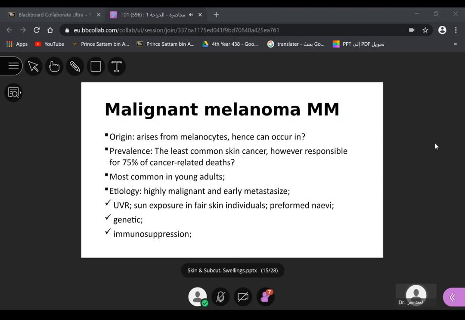Regarding basal cell carcinoma, it occurs more in the triangle of the face, above the line, and squamous cell carcinoma occurs other than the triangle, in sun exposed areas.